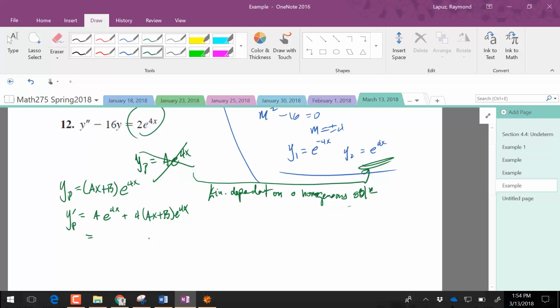And the teacher says, no, you don't have to. Well, if you need to take the derivative again, you probably want to simplify it. So I have 4ax plus a plus 4b, e to the 4x, so I can have a two-factor derivative again. So it's derivative of the first times the second plus the first times the derivative of the second.